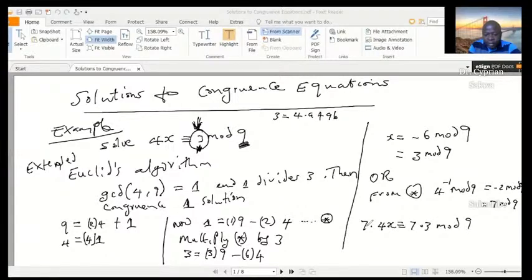An element times its inverse gives you 1 times x, that will be x. And this is 21. 21 divided by 9, what we need here is the remainder. 9 will go there twice because of 18. So 18 from 21, the remainder is 3.